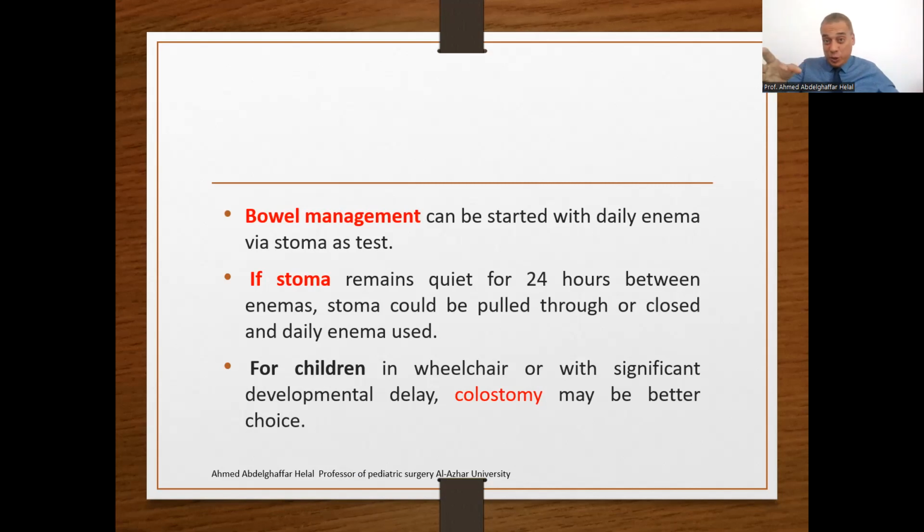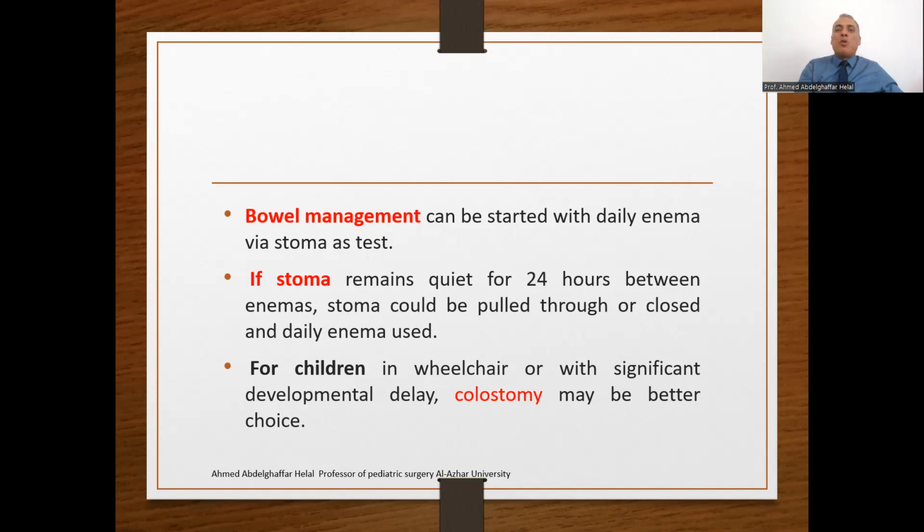If soiling occurs through the stoma, it's better to leave the stoma. Also, for children in a wheelchair or with significant developmental delay, the colostomy may be a better choice than closing the abdominal stoma to perform a perineal stoma. So it is very important, in the case of a child with colostomy, to decide whether to leave or close the colostomy in relation to bowel management.